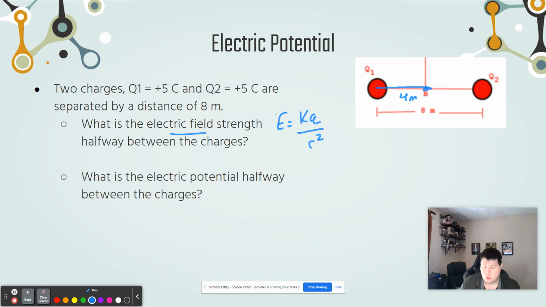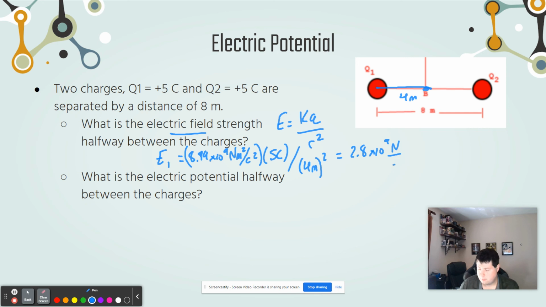So I'm going to do it first for the first charge, Q1. I'll plug in K, 8.99 times 10 to the ninth newton meters squared per coulomb squared, times the charge, which is 5 coulombs, and divide by the distance, which is 4 meters, and then don't forget to square it. When I do that, I end up getting 2.8 times 10 to the ninth newtons per coulomb.